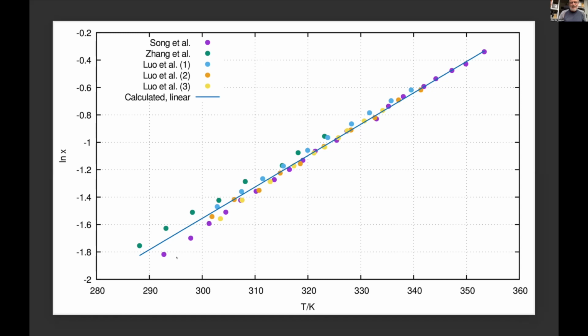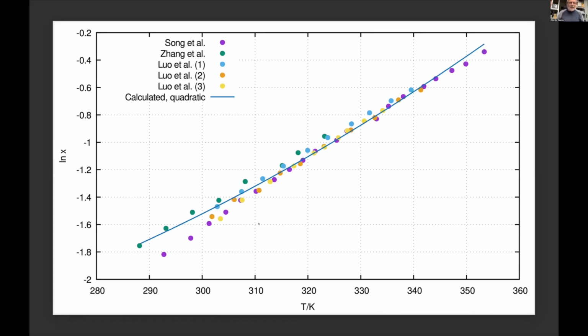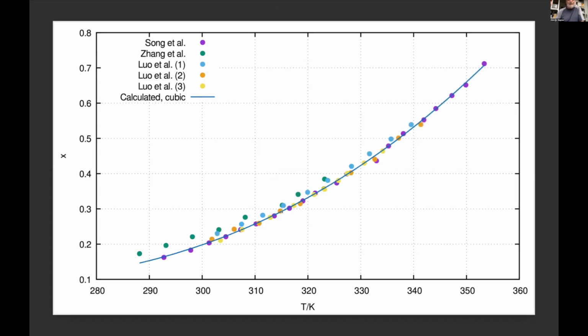So I tried quadratic regression, and it now clearly prefers Zhang's data, and just taking inspiration from the graphs in the Excel spreadsheet, I tried cubic regression.